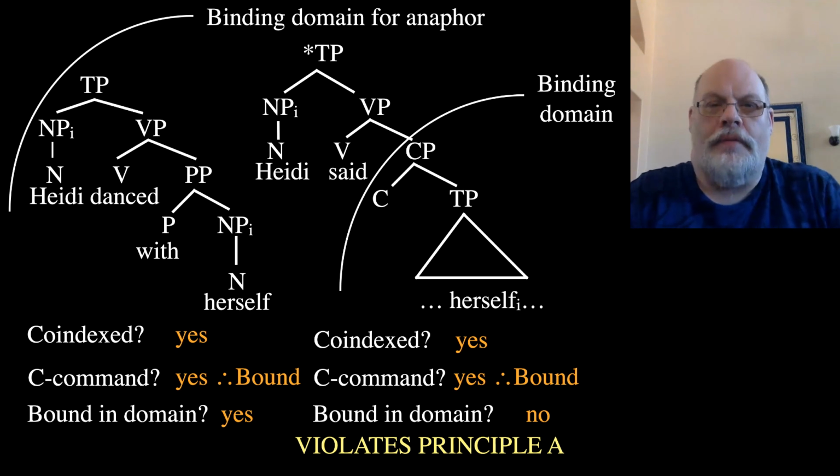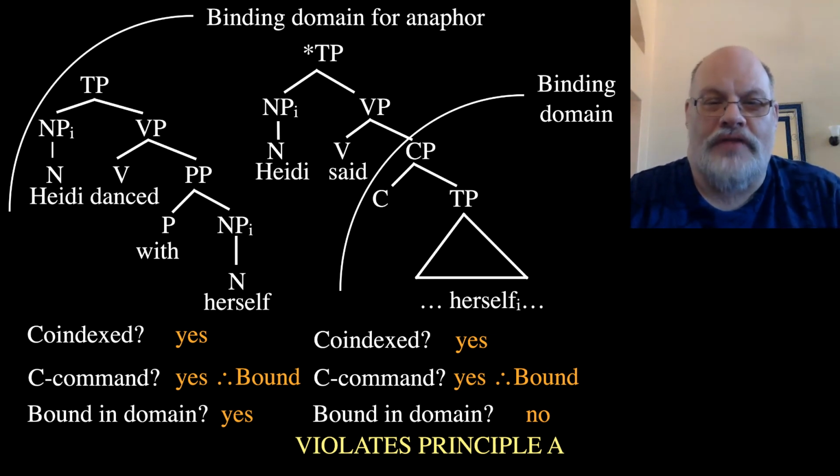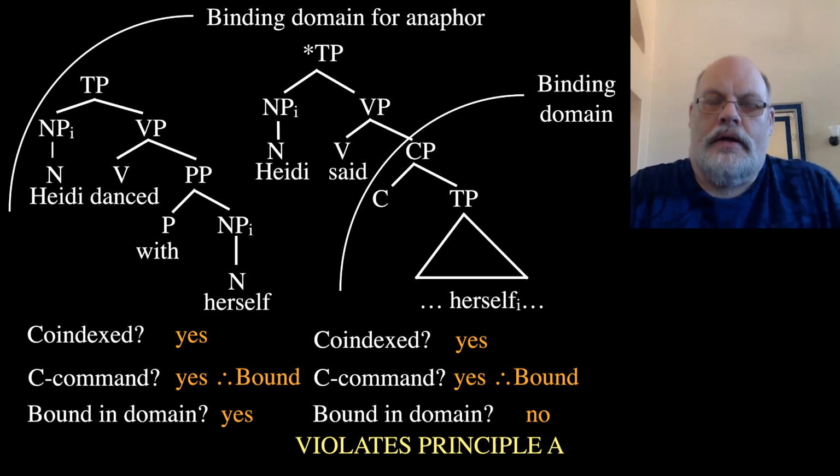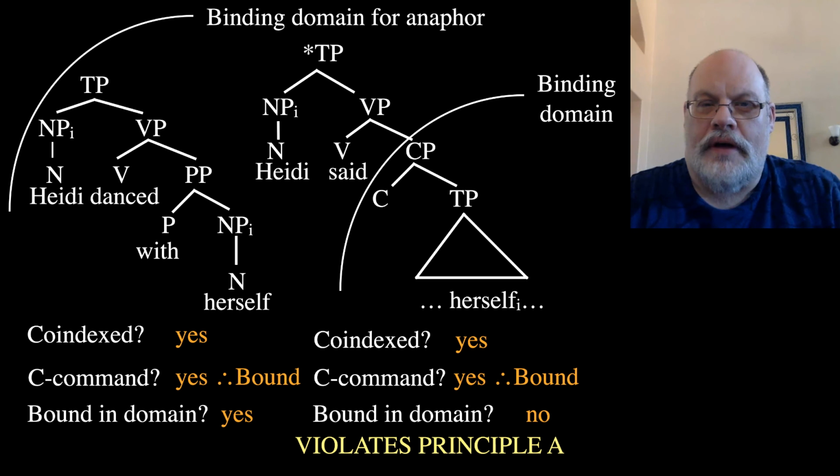When you're doing problem sets in binding theory, there's a temptation to try and fix the sentences. So there'll be a temptation to change Heidi said herself danced with Art, and change it into Heidi said she danced with Art. This is not the point of binding theory. Binding theory is to explain why certain sentences are unacceptable.